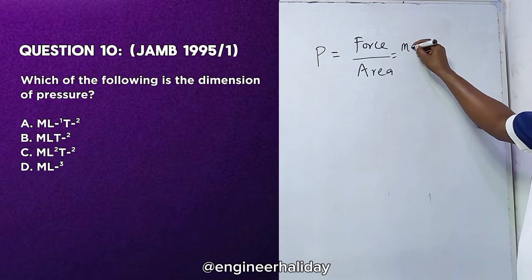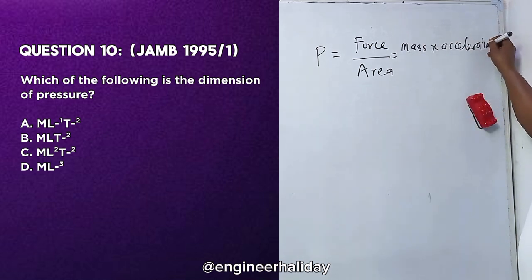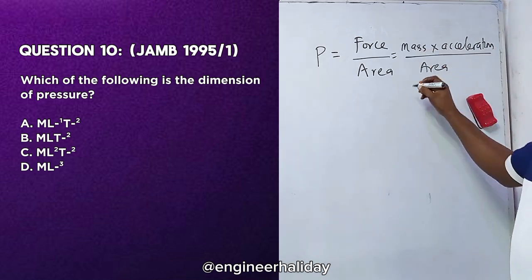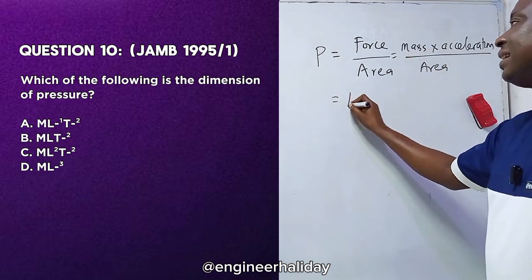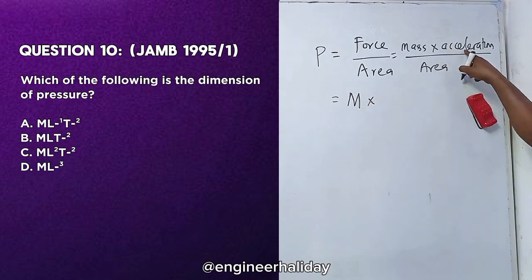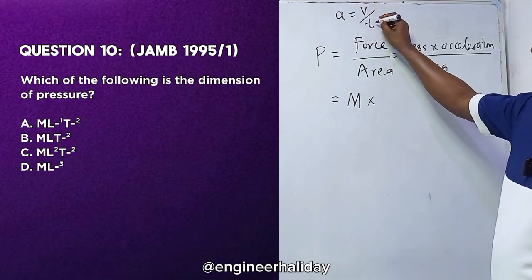Force is mass times acceleration, divided by area. So mass is M for the dimension. Acceleration is velocity over time. Don't forget, acceleration is velocity over time, and velocity is what?